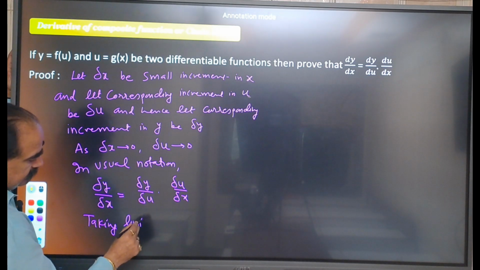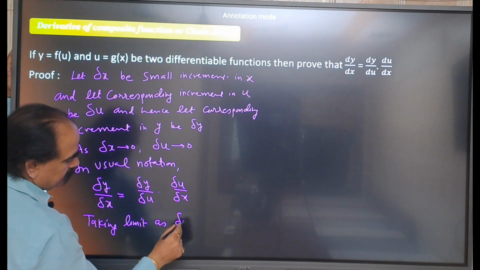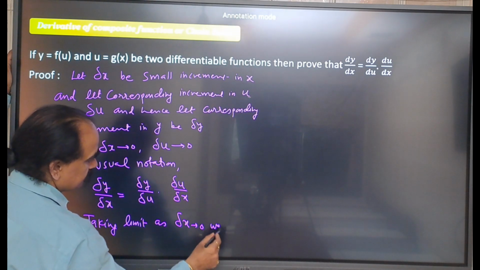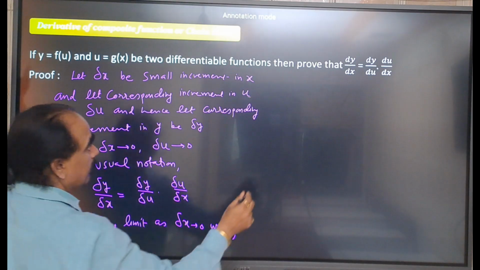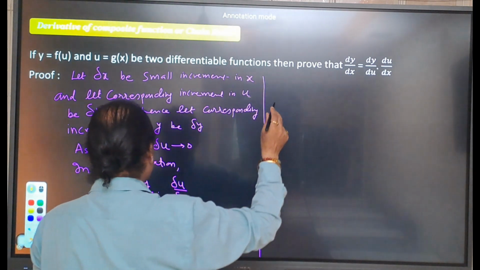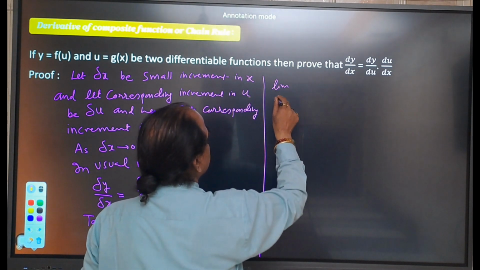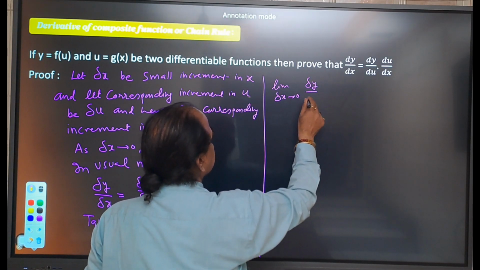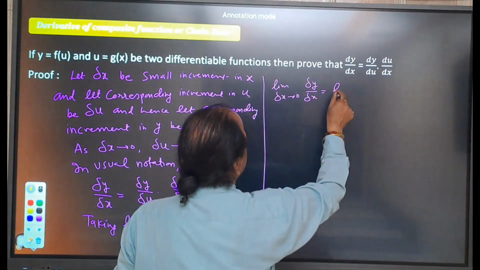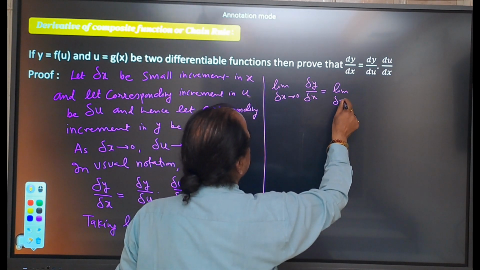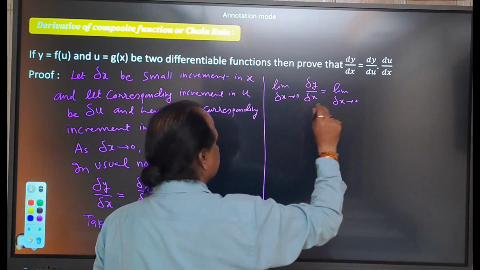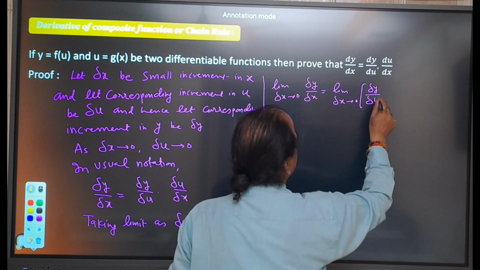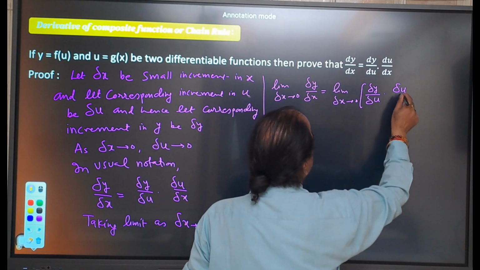Taking limit as delta x tends to 0, we get limit delta x tends to 0, delta y by delta x, equal to limit delta x tends to 0, delta y by delta u into delta u by delta x.